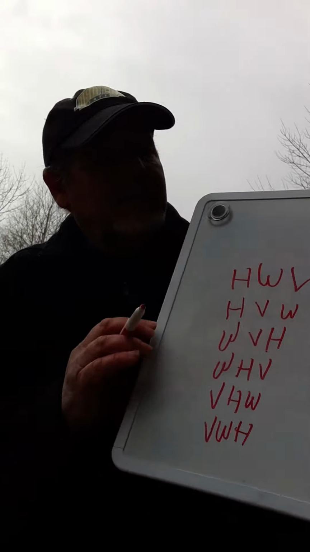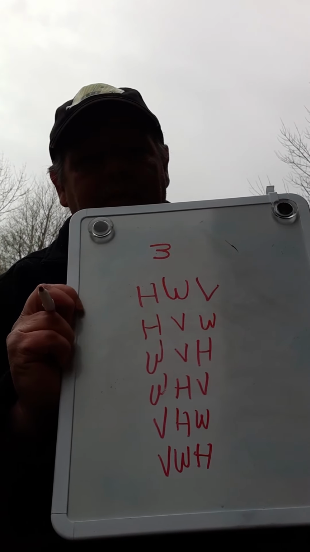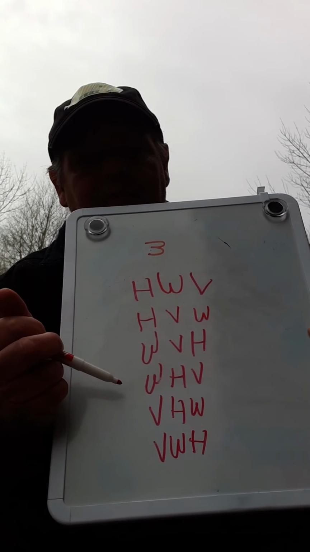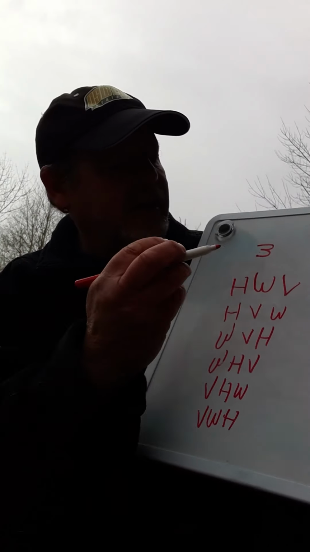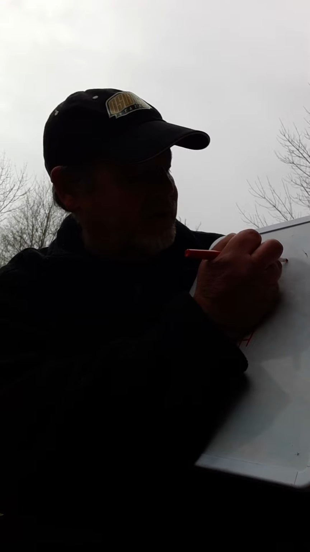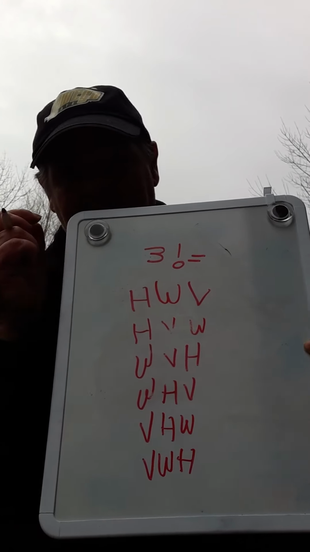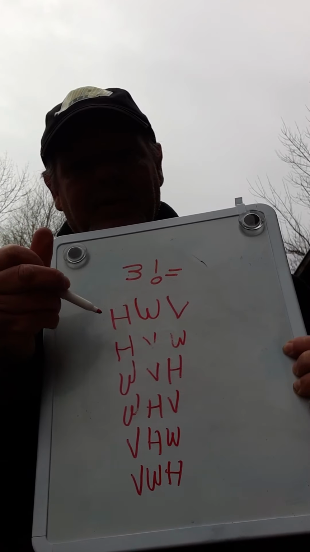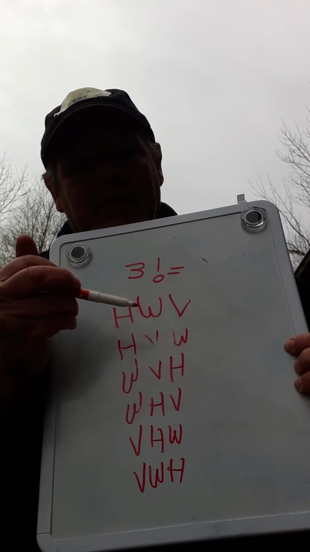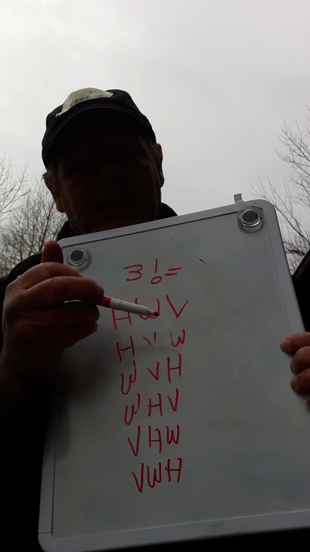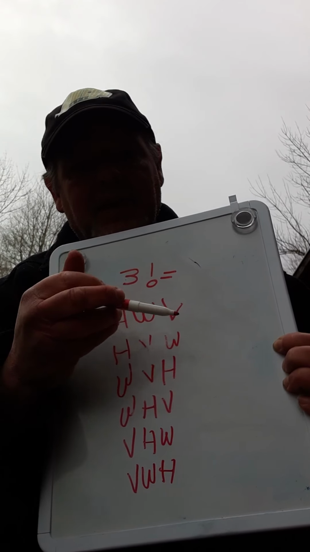Okay, so you have 3 levels. What's the rule of thumb for how many treatment orders we have? When you have 3 levels, it is 3 factorial. If you remember back from your high school math days, what does factorial mean? You take that number and multiply it by that number minus 1, then minus 1 again, until you get to 1.